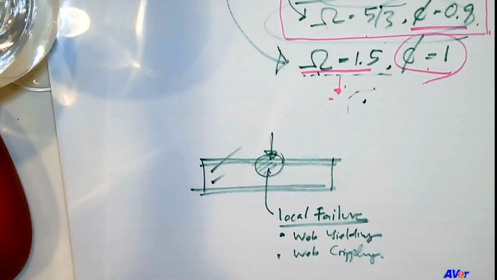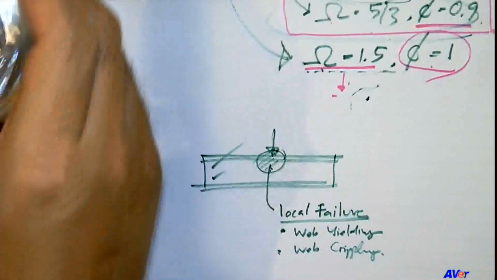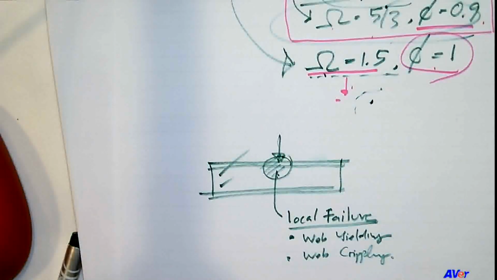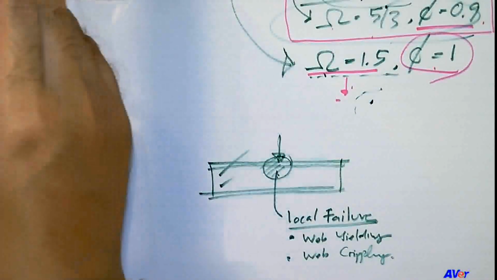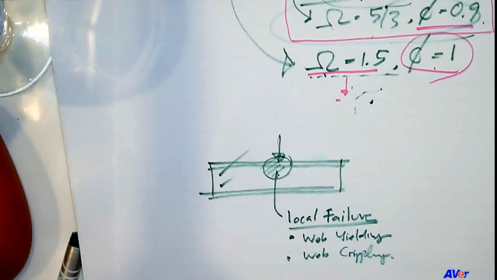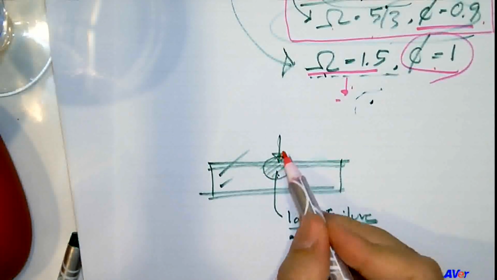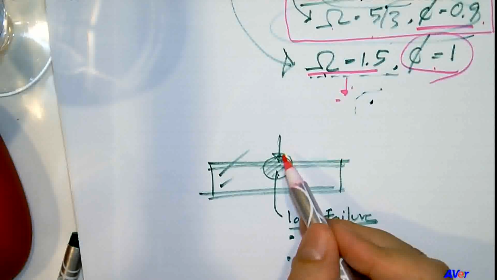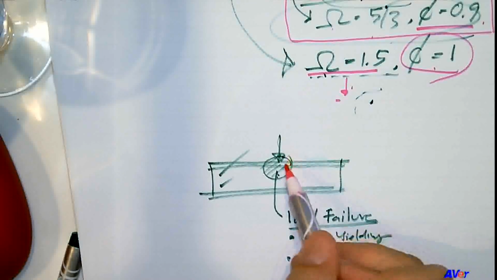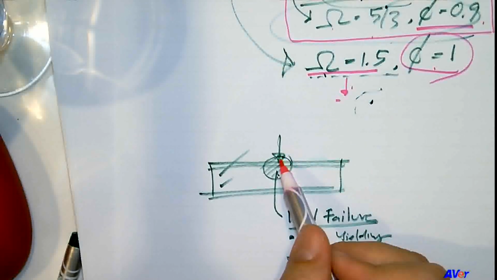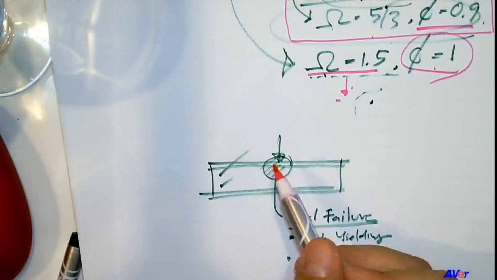Now that I'm here, I might as well draw a picture about it. No, we cannot have a load like this in real life, right? The load doesn't come with the size of a pin. It comes with some size.